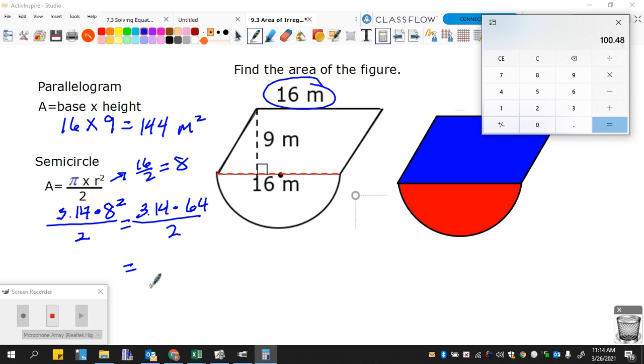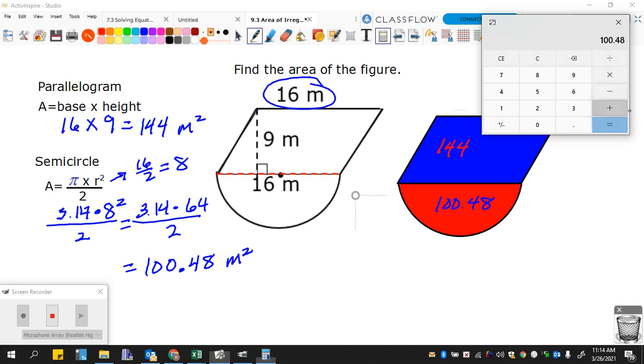Okay, so 100.48 square meters. All right, so that's this one down here. So that's 100.48 for this one, and 144 for the top one.